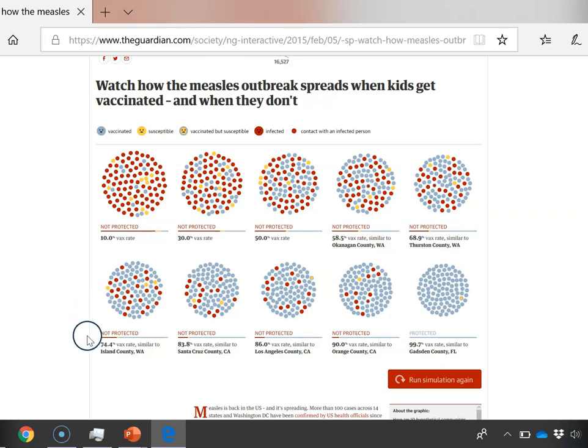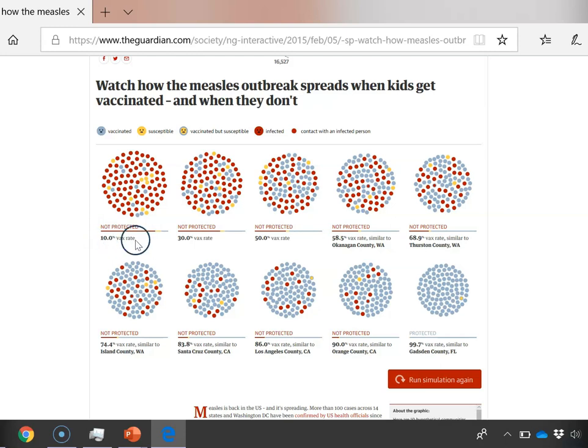And it does not have to be 100% vaccination rate for the herd immunity to really kick in and drastically reduce the amount of people that are infected with measles. So for example, almost 90% of this population is infected, and that's because only 10% of the population was vaccinated.